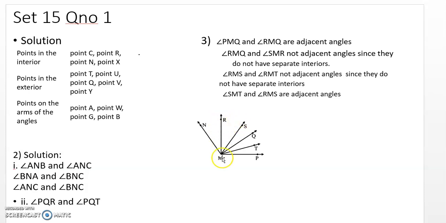In a similar way, RMS and RMT do not have a separate interior. Whereas SMT and RMS are adjacent because their interiors are separate. So with this you can write this down in the notebook.